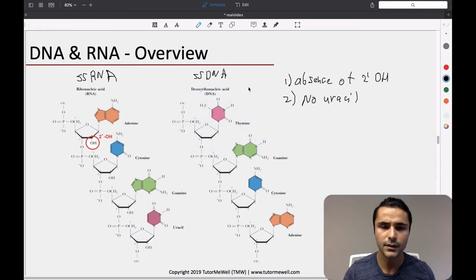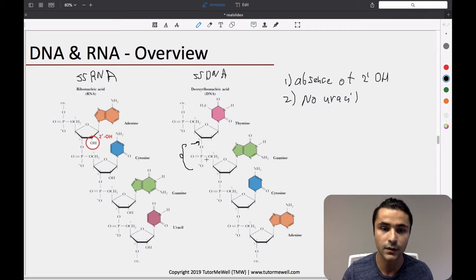The next point is how these nucleotides are connected to each other. You can see that this nucleotide is connected to this nucleotide via a phosphodiester bond. Phosphodiester means it's a bond that includes a phosphorus and 2 esters. You're not going to be asked to show 2 ester bonds, but I'm going to do that nonetheless.